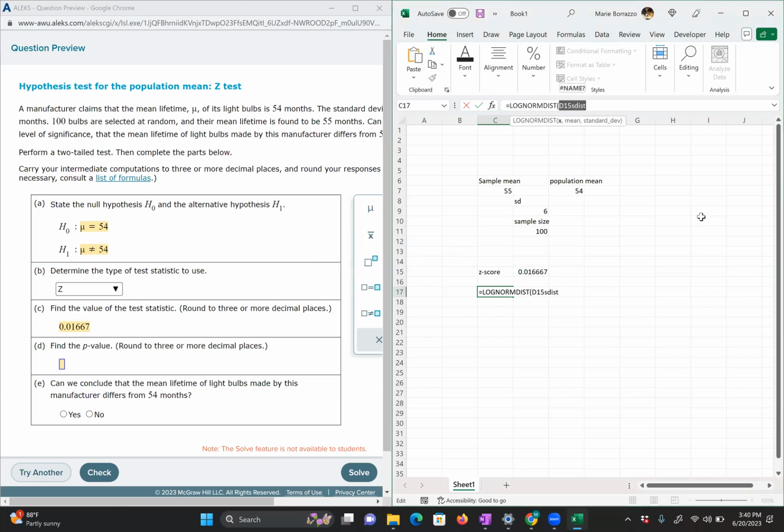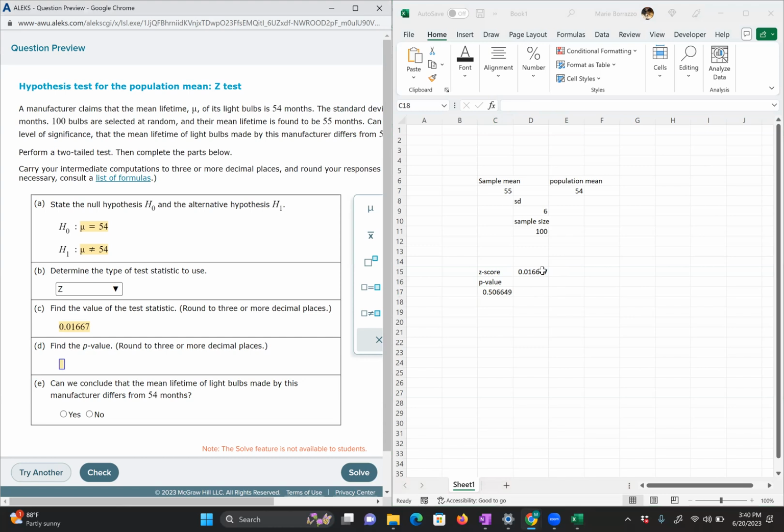And that's the value we want. And so this is the p-value. This is the area behind this number.